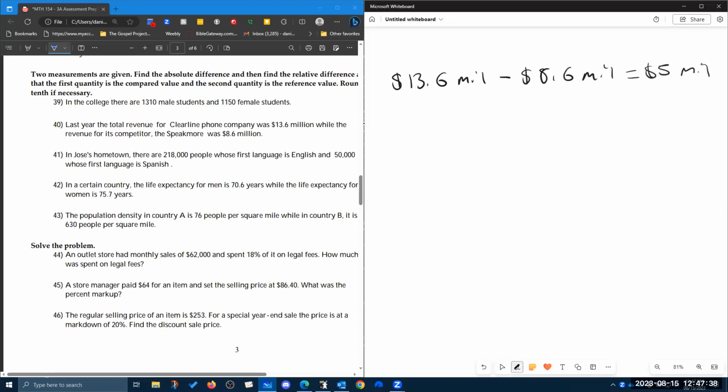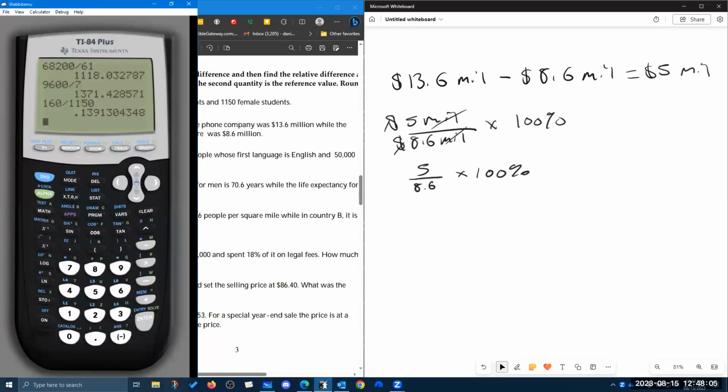And we'll change that to a percent difference by taking 5 million divided by this reference value of 8.6 million times 100%. The millions of dollars are going to cancel out. This is 5 divided by 8.6 times 100%, which is going to be 58.1%.